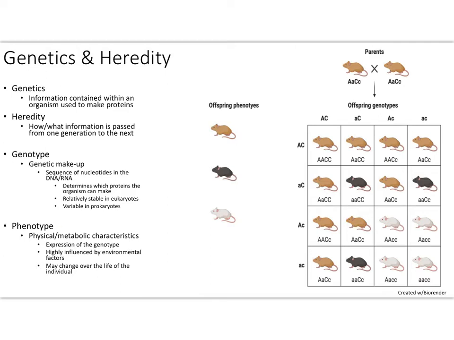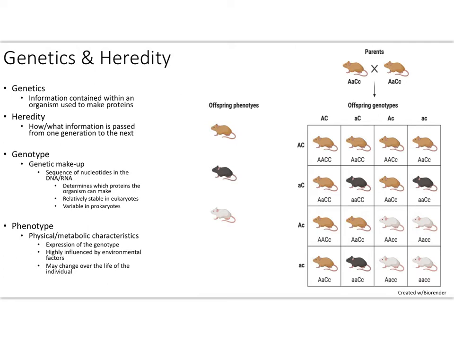But phenotype is basically the physical and metabolic characteristics of the organism that result from the expression of the genotype. What that means is the phenotype is the physical or metabolic traits that an organism has, basically the proteins it contains, as well as other characteristics like its shape, that are a result of the proteins that have been created from the genotype.